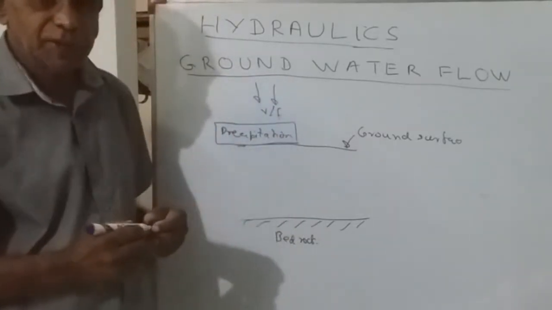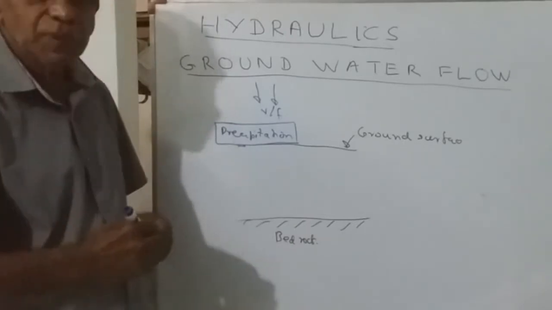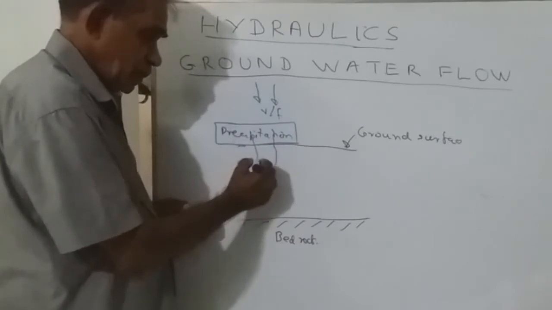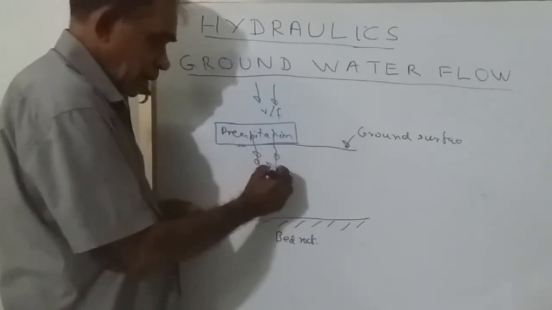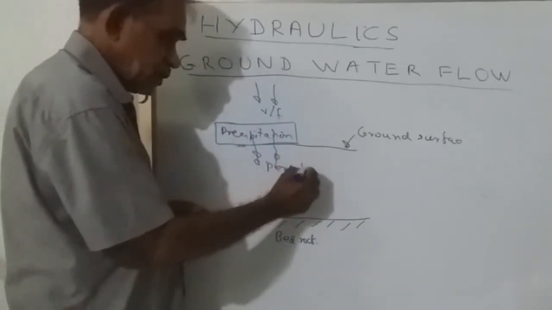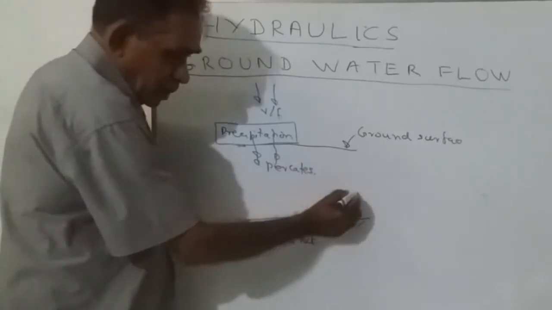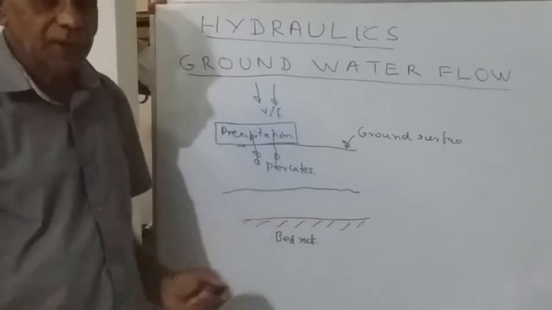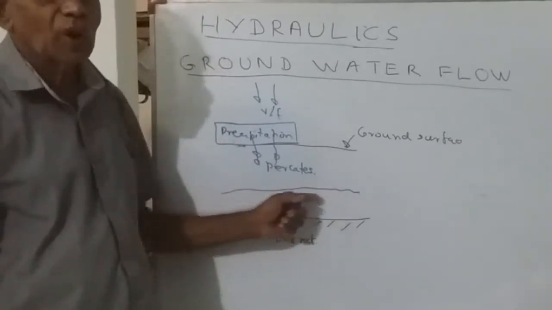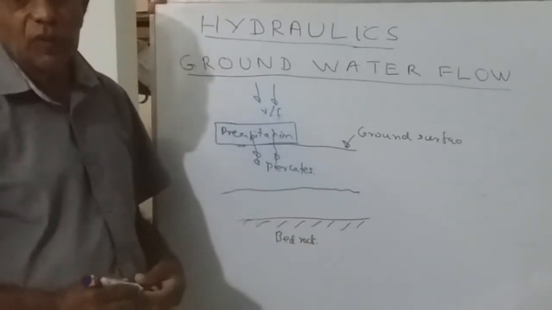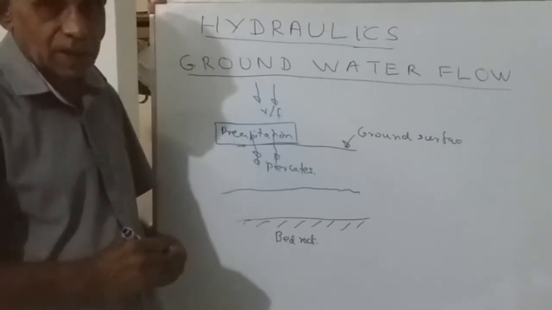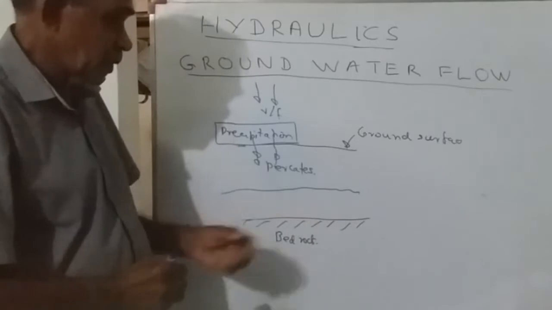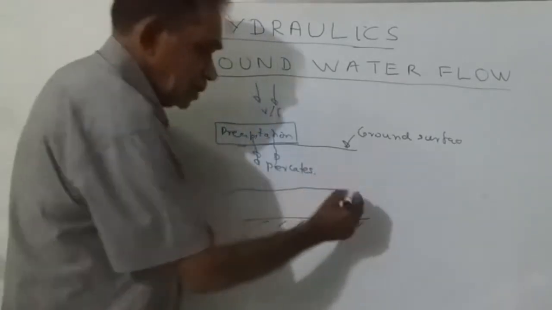Out of the precipitation, part of it percolates down, and the water gets collected here, and this forms the groundwater. That is how groundwater occurs inside the ground on the bedrock or the impervious surface. This is groundwater.